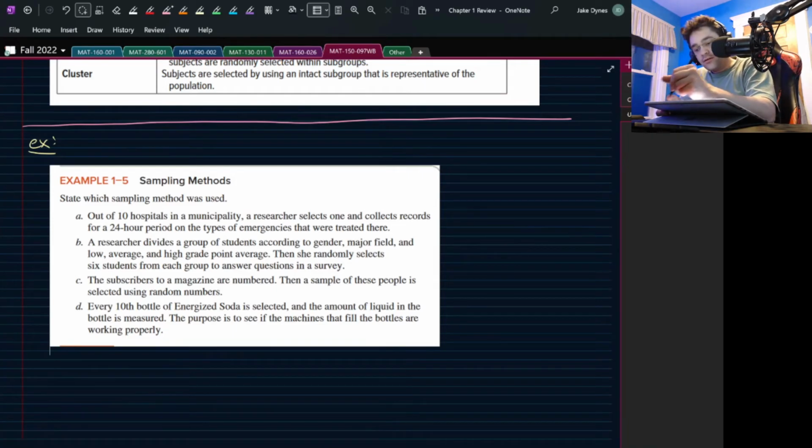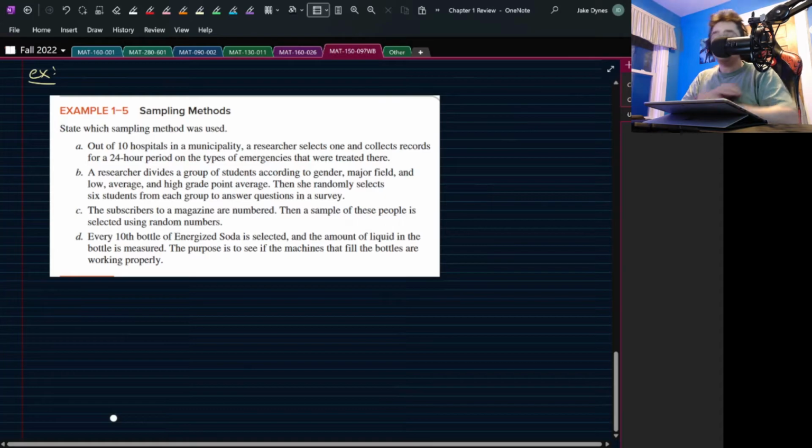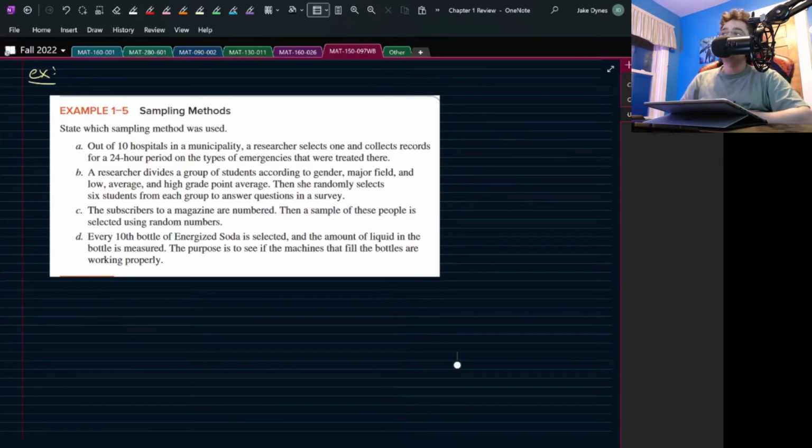Okay, and so I've got another example here from the book, and it's asking us to classify these according to which sampling method is used. So in A, it says, out of 10 hospitals in a municipality, a researcher selects one and collects records for a 24-hour period on the types of emergencies that were treated there.